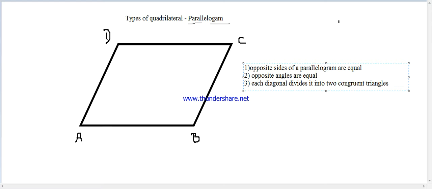And second last, point number four, its diagonals bisect each other.